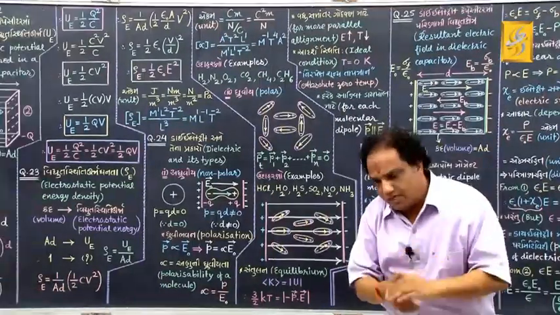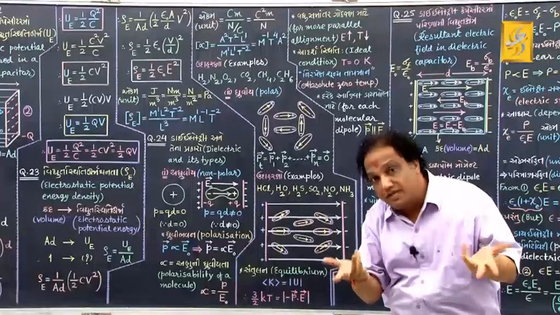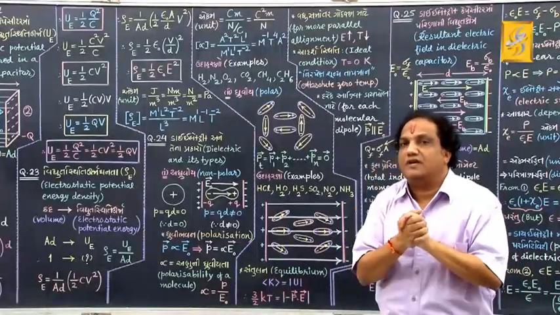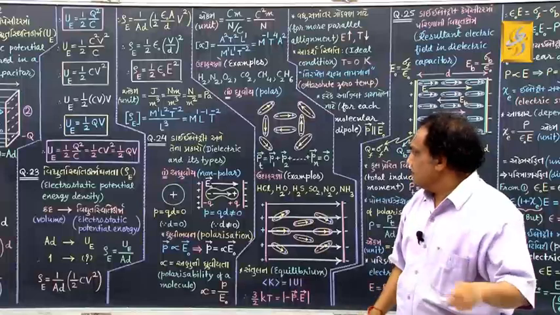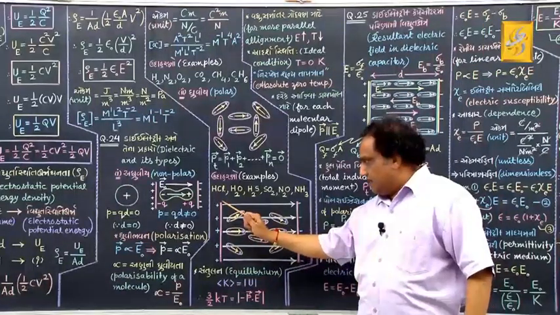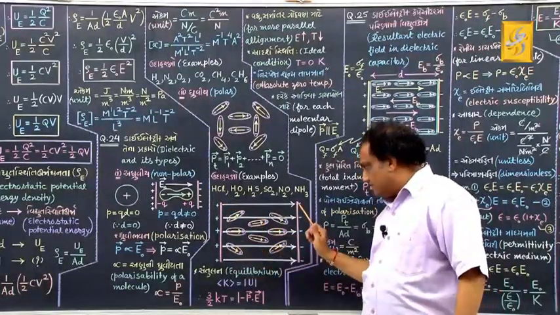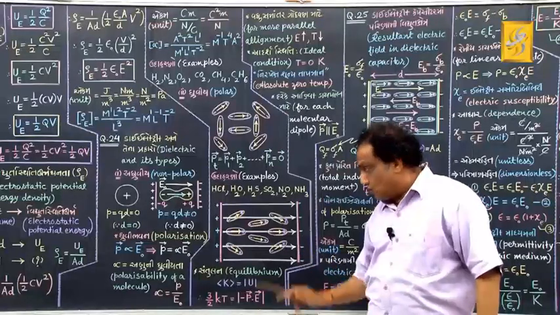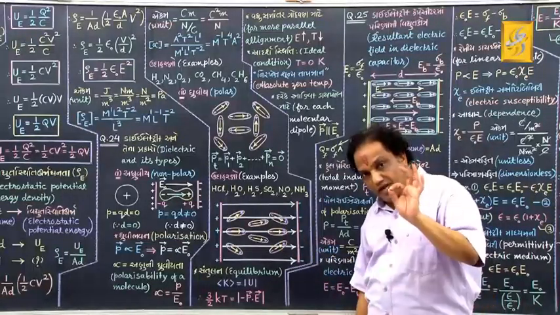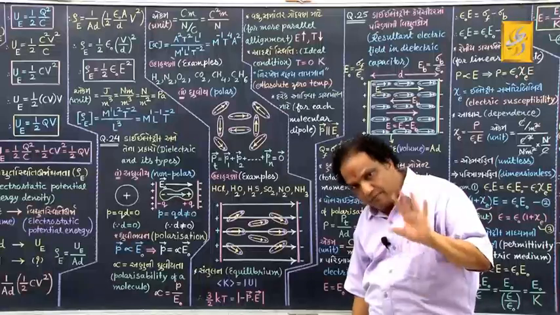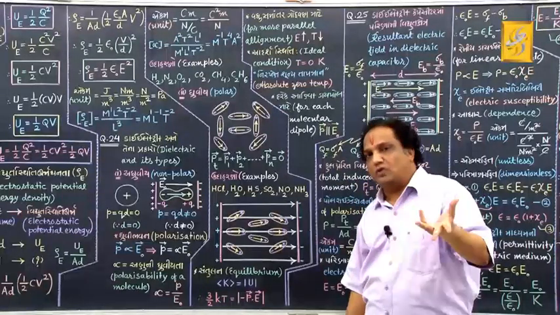Okay, fine. Now let us see what will happen in the presence of an externally applied electric field. I am showing you. Now between the charged plates of a capacitor, I just introduce some dielectric medium. Okay, might be polar, might be non-polar.